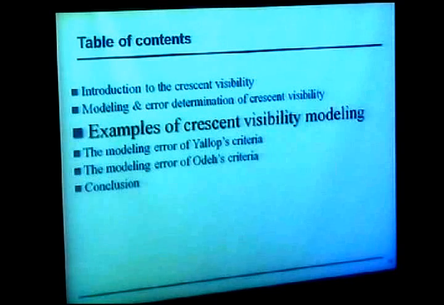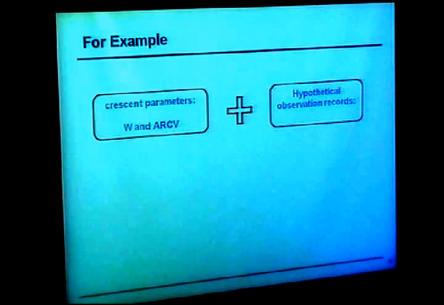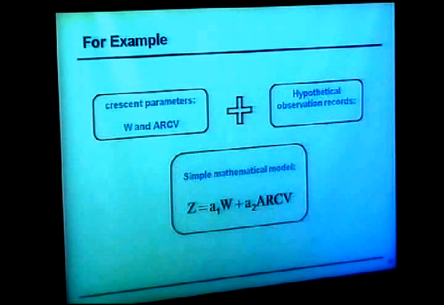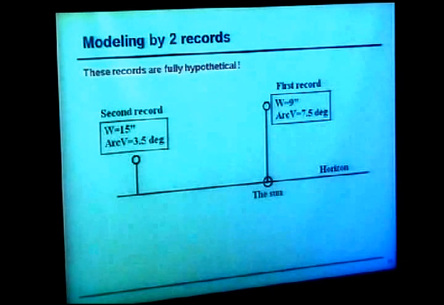I show examples of crescent visibility modeling. For example, I select width W and arc of V in observation, with a fully hypothetical and simple mathematical model such as Z equals R1 W plus R2 arc of V. In the first case, I model 2 records, as you see in the picture.